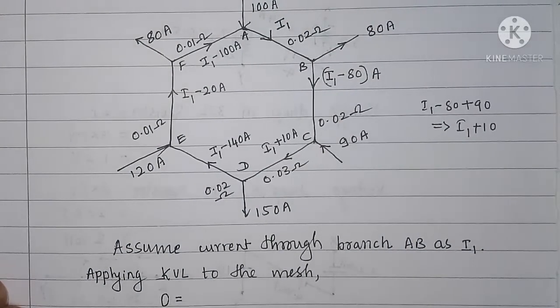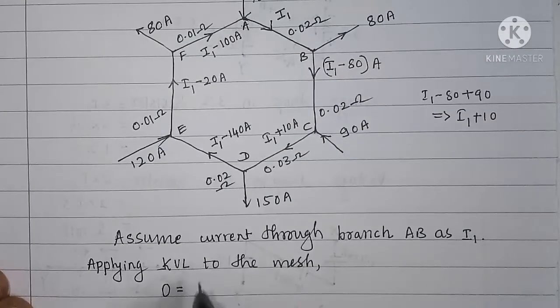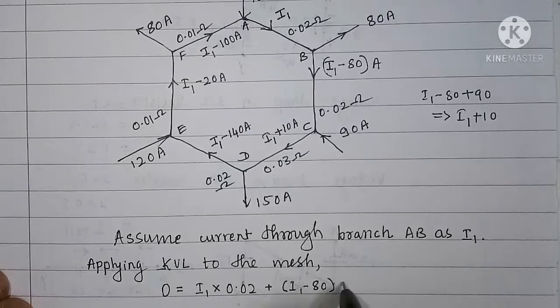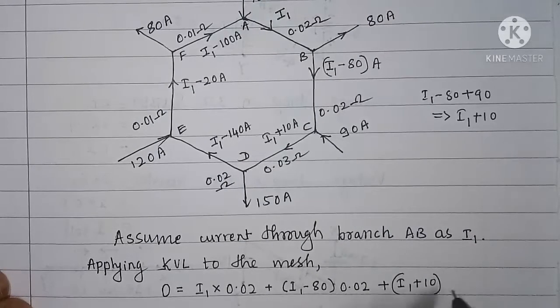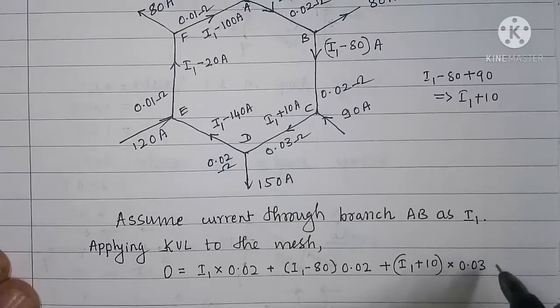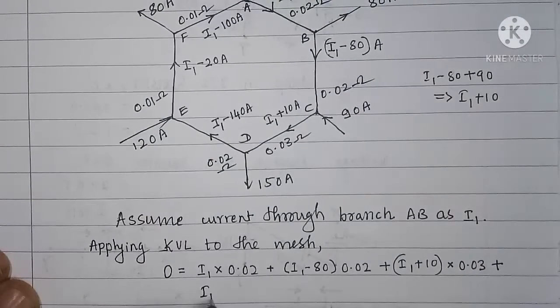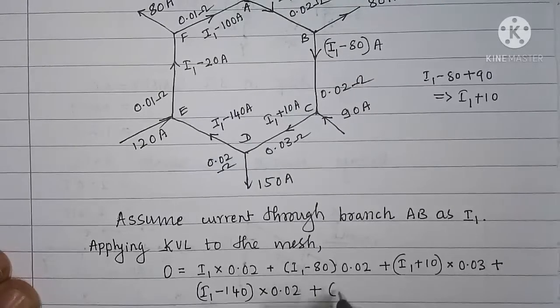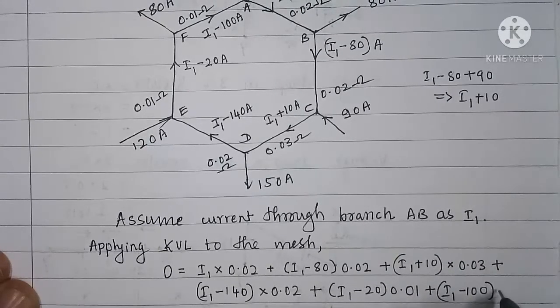So 0 is equal to I1 into 0.02 plus I1 minus 80 into 0.02 plus I1 plus 10 into 0.03 plus I1 minus 140 into 0.02 plus I1 minus 20 into 0.01 plus I1 minus 100 into 0.01.